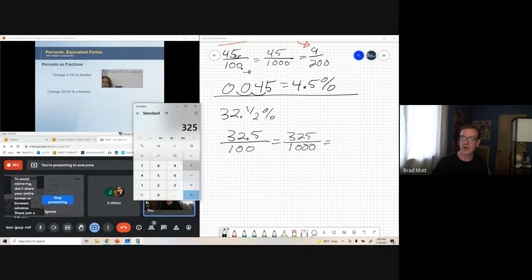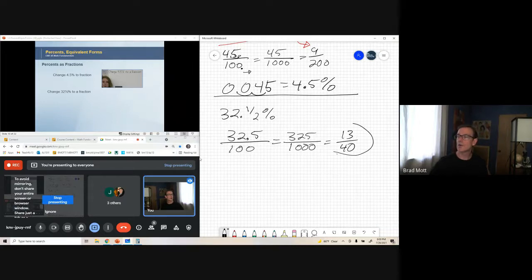Let's take 325, divide that by 25. That'll give me 13 over 40, and then we can go about converting this 13/40 to whatever is the most useful way of looking at that fraction.